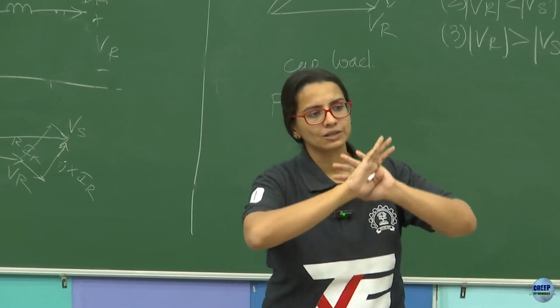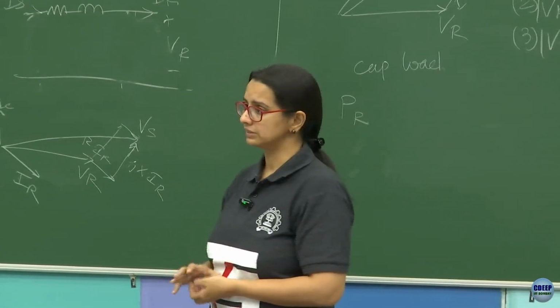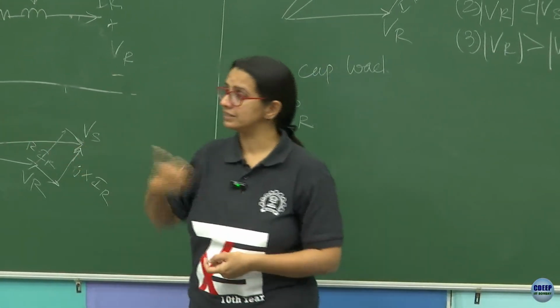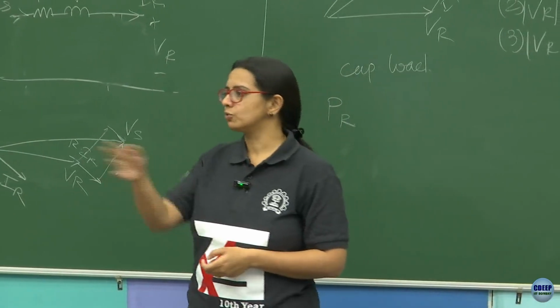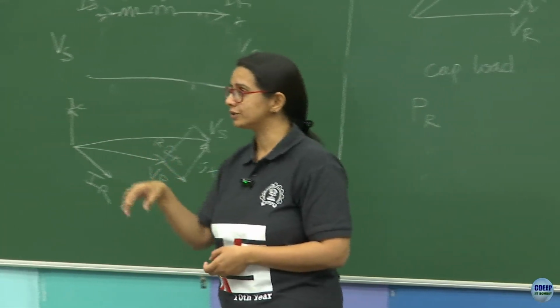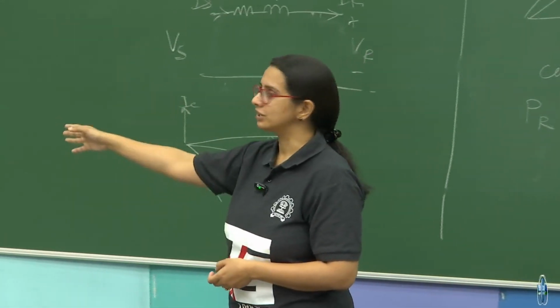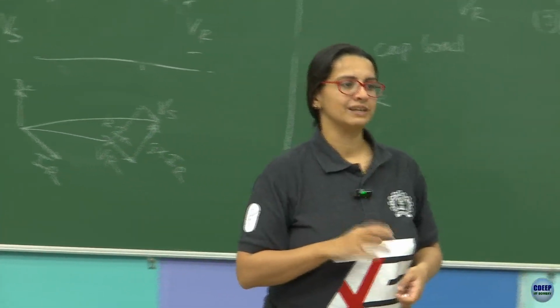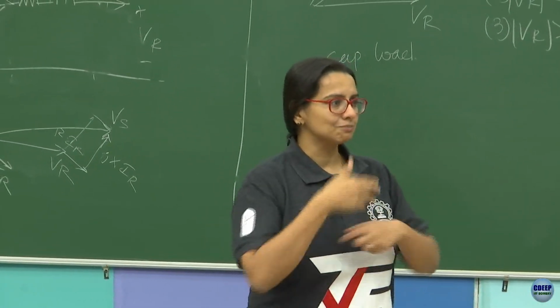So let's try to avoid IR in the equation. I want it in terms of your voltages, which are usually influenced more by the utility's actions than your end use actions. Although I did start off the discussion by saying water heater chalaoge ya air conditioner chalaoge toh voltage pe kya hoga, but ideally that is the counterpoint.